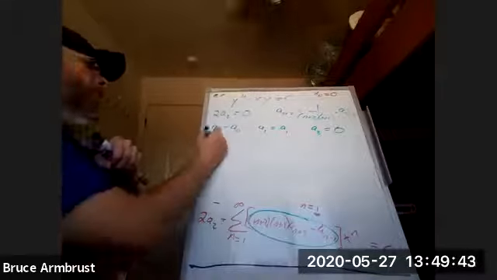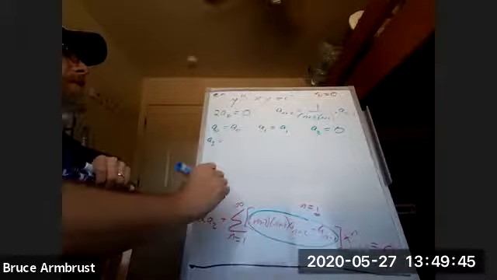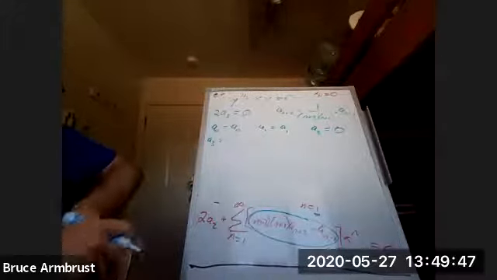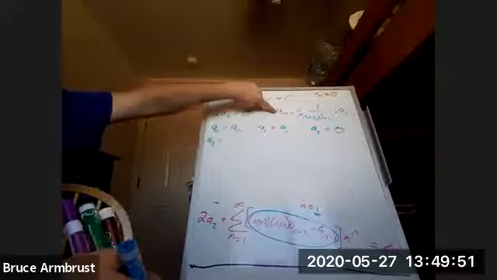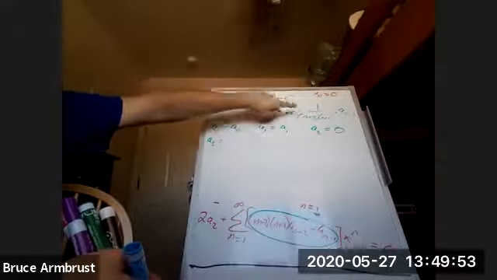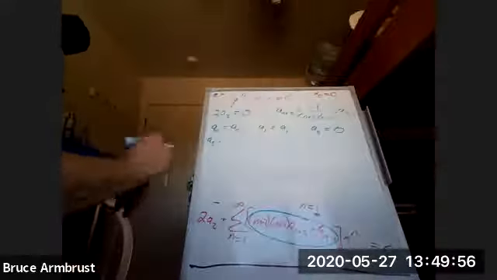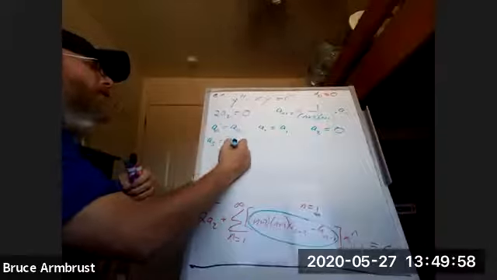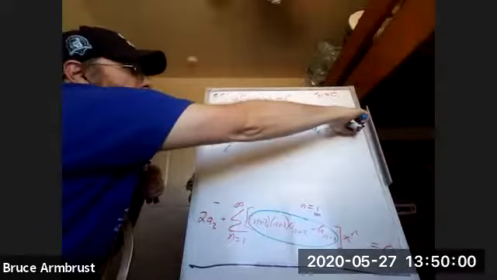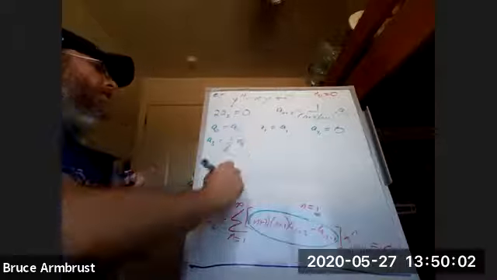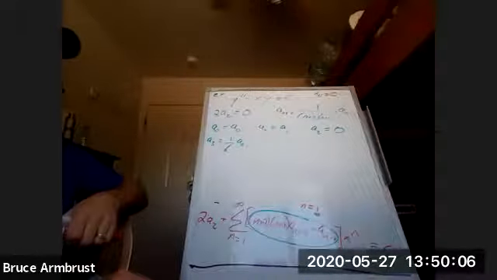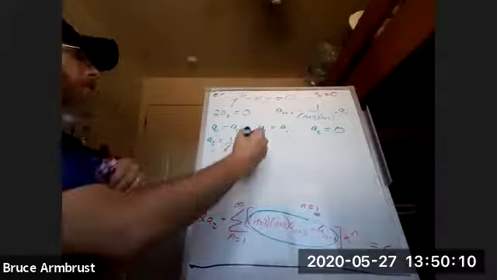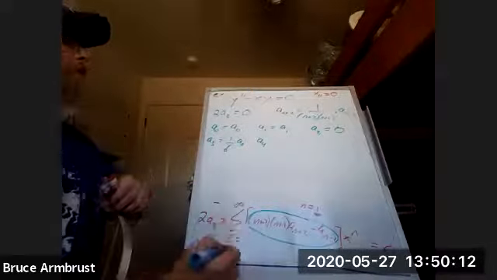All right, so let's go to a3. Now to get a sub 3, we're going to plug 1 in here for n. So that on the bottom is going to give us 3 and 2, which is 6. So this is going to be 1/6. Now when n is equal to 1, that makes it a sub 0. So a3 is going to be 1/6 a0. For a4, we're going to plug in 2.